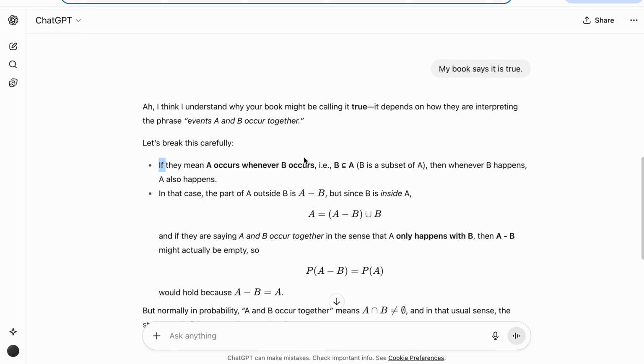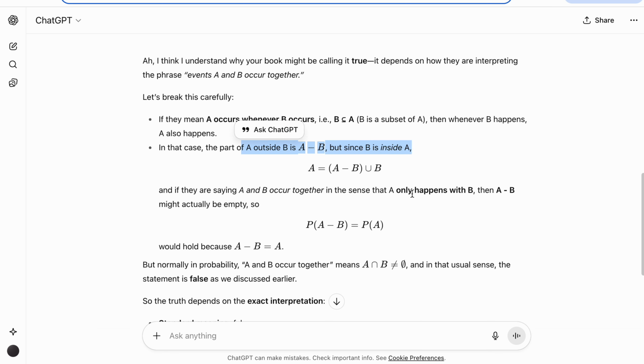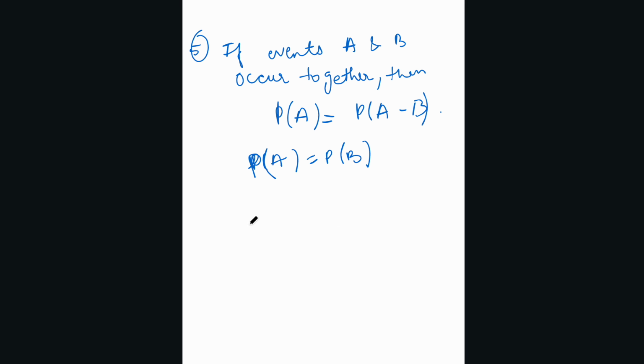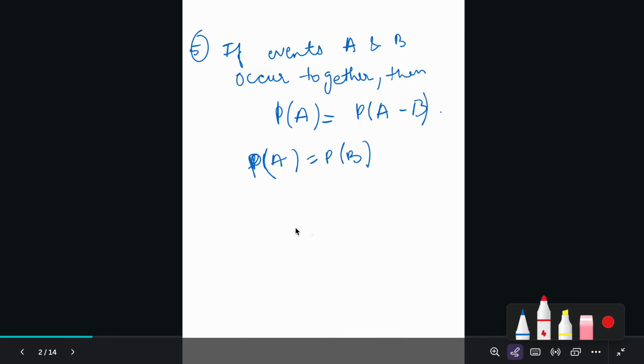If they mean A occurs, then B is a subset of A, that whenever B happens, A also happens. If that is the case, then A outside of B is this. Wait, let's construct the Venn diagram.